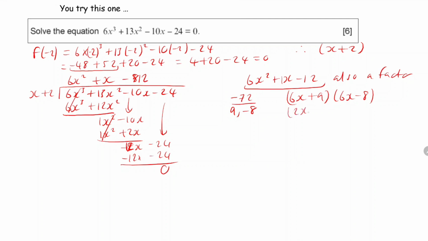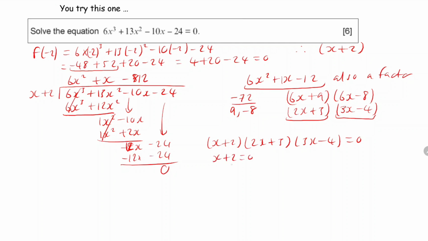3 goes into both of these, so it's 2x plus 3. And 2 goes into this, so that's 3x minus 4. So these are our other two factors. So our final expression can be written as x plus 2 times 2x plus 3 times 3x minus 4 is equal to 0.